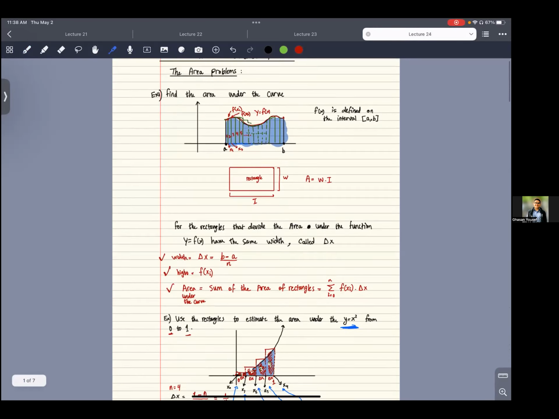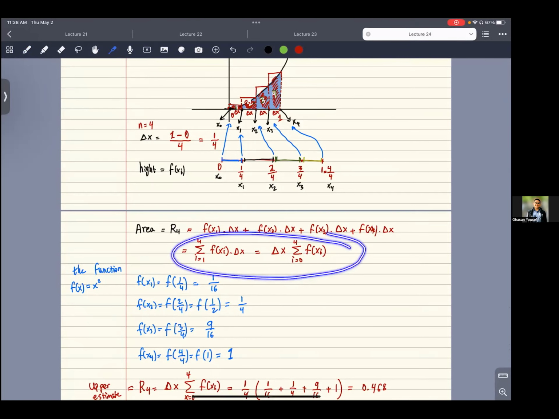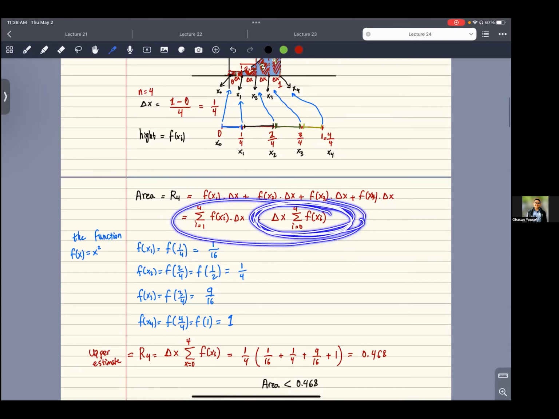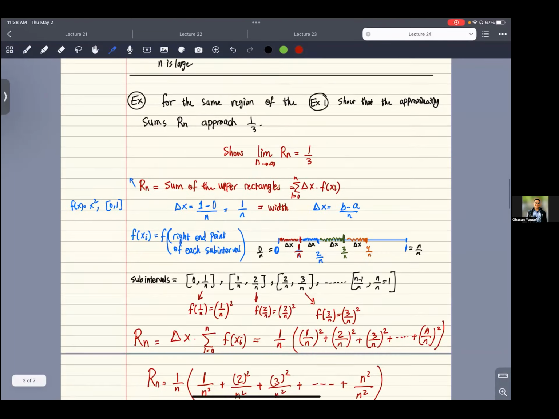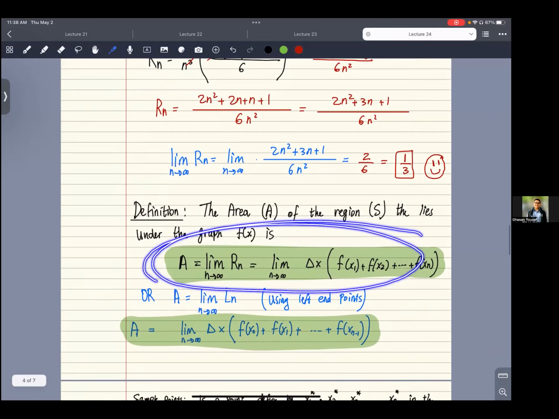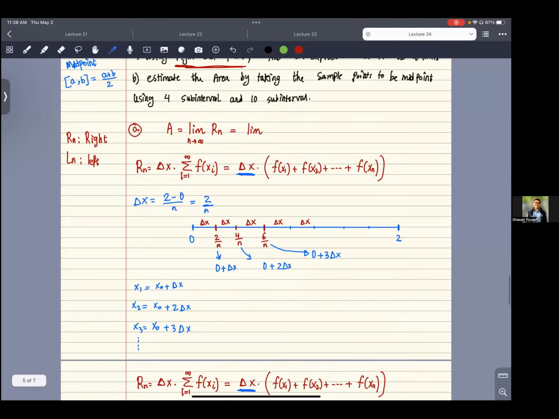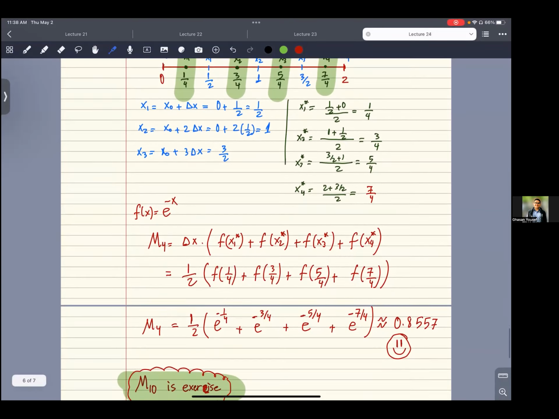By the way, we started this section by talking about the area. So the area here is the same as the integral. This thing is the integral. Again, the area here is the same as the integral, the limit is the integral. So we were talking about the integral, but we didn't know it was the integral.